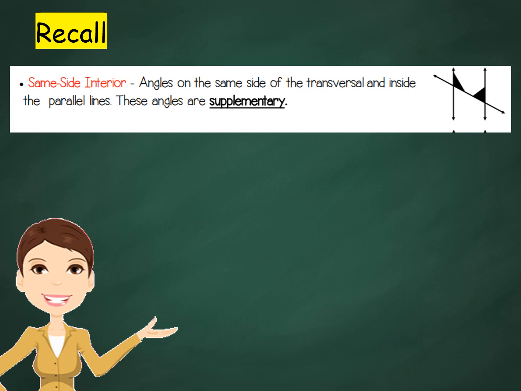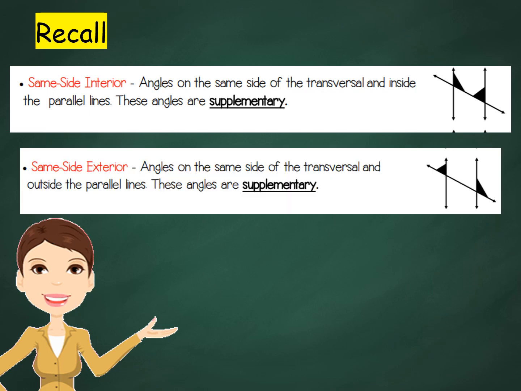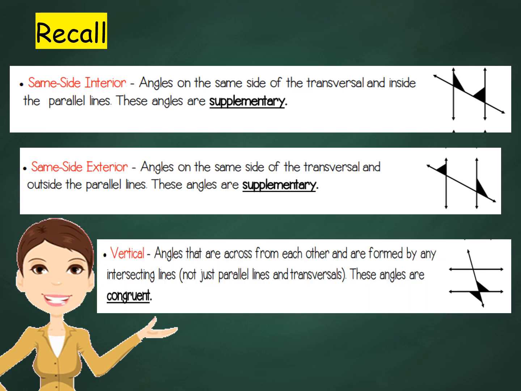So these angles are supplementary. We also discussed same side exterior angles, so angles on the same side of the transversal and outside the parallel lines. These angles are supplementary. We also have vertical angles.